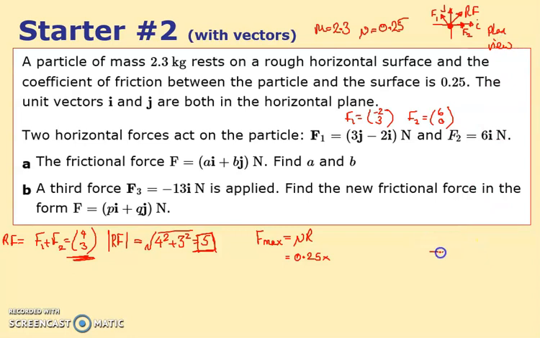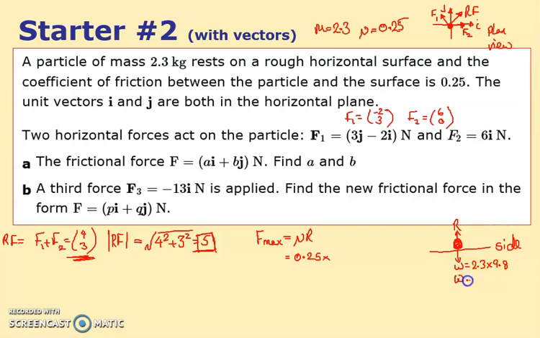What we've got to think about now is what if you looked at it from the side? The side view would show my ball sitting on the floor. It's got a weight, and it's got a normal reaction. And it's that normal reaction that I need to find here, this normal contact force. So what was the weight? It was 2.3 times 9.8. What is 2.3 times 9.8? 22.54.